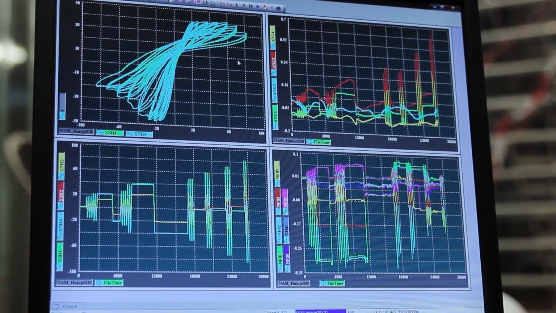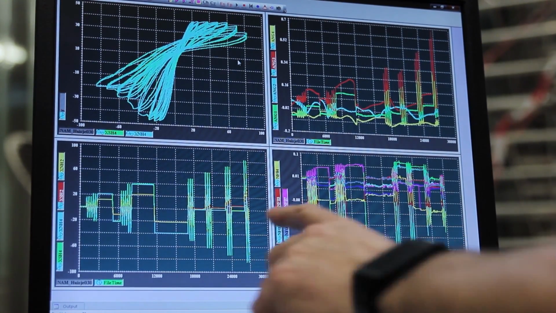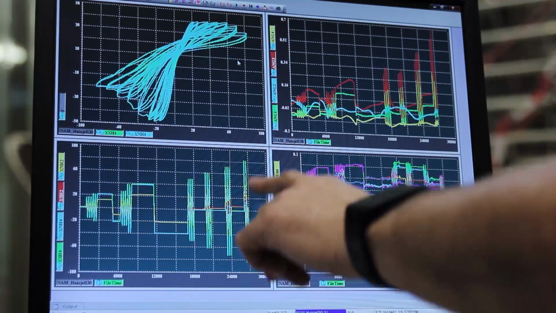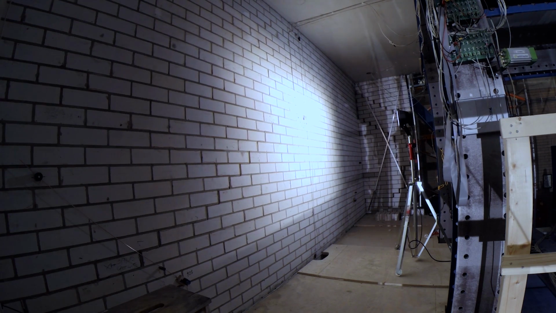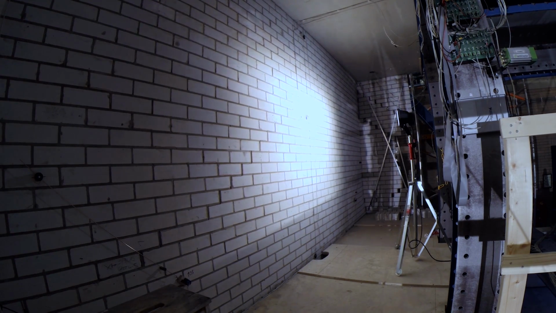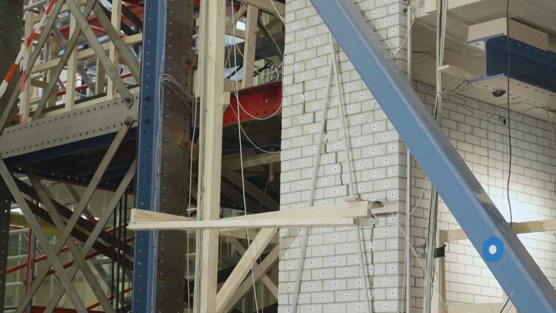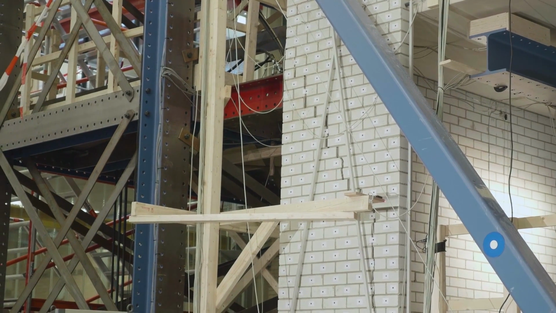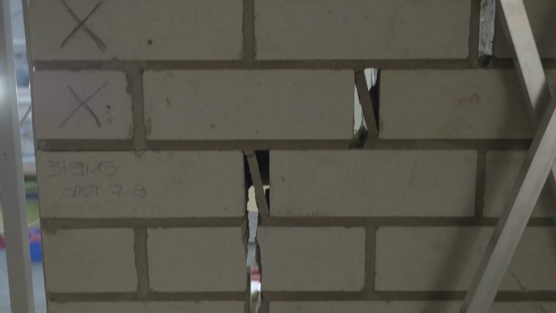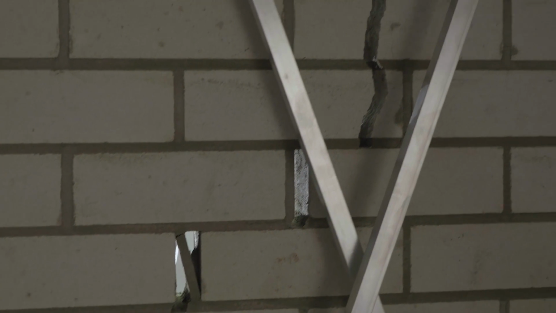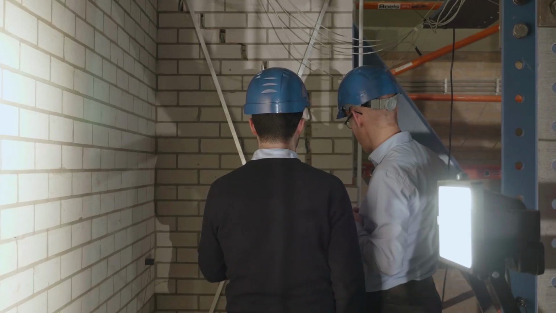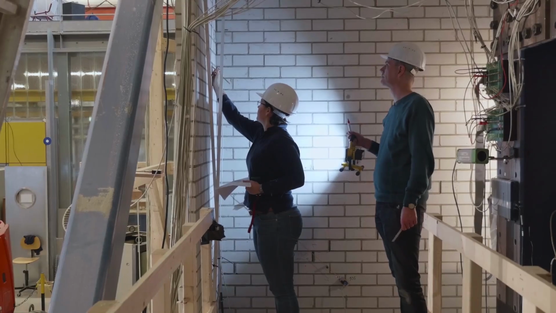This gives the same type of stresses and strains in the masonry as a real earthquake would. By doing it slowly, we can carefully follow the crack development and forces during the full test. For this, over 200 sensors have been attached to the house. All their deformations and forces are registered in a computer system for later evaluation.